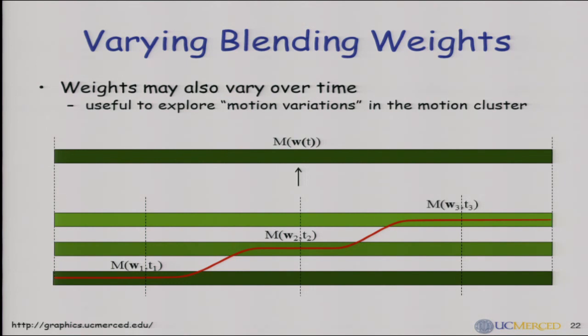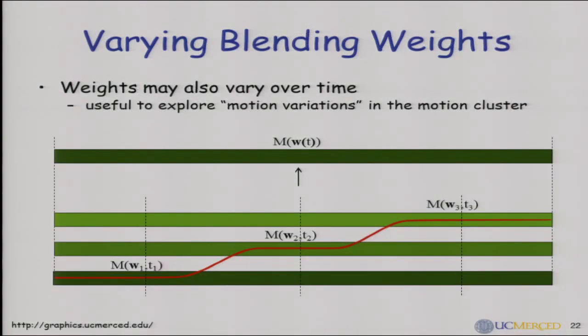So for example, here, if we are blending 3 example motions, we could decide on the first part of the motion to have most of the contribution from this blending coming from motion 1. But then by the middle of the motion, I will have more contribution from the second motion. By the end, I'll have more contribution from the third motion. And what we're doing here is varying along the way which contributions from which example motion we would like to use more or less, right?